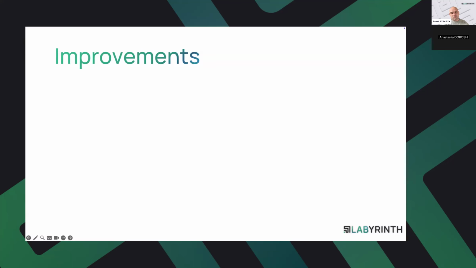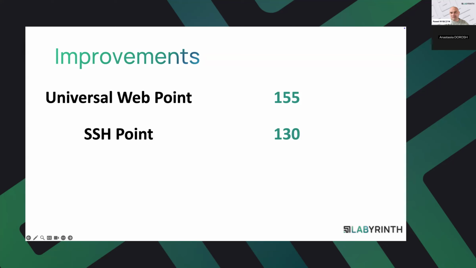With minimum requirements, you can deploy 155 instances of our universal web point on a single worker VM. That means you can emulate 130 SSH points at the same time, or possibly emulate 155 PostgreSQL instances. So as you can see, with these minimum requirements, it's a lot of noise that you can add to your network, to the segment.